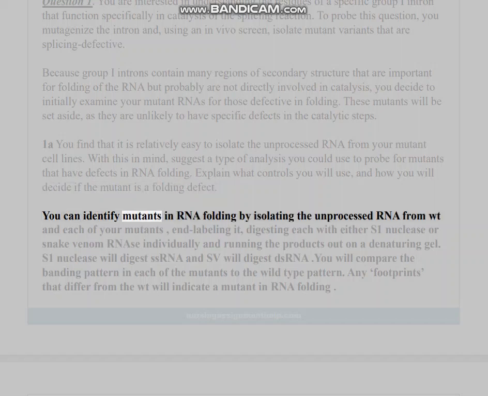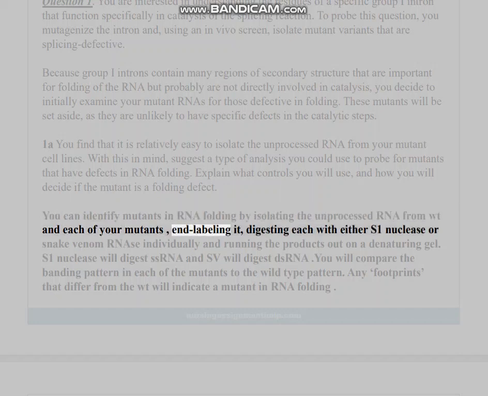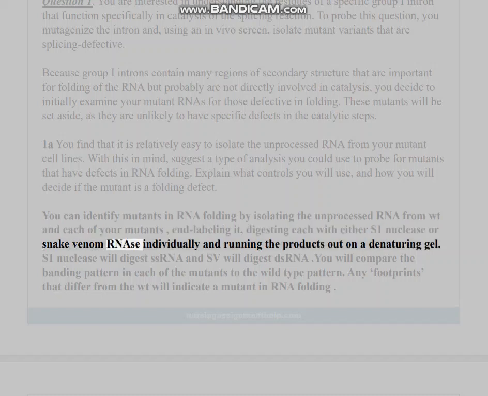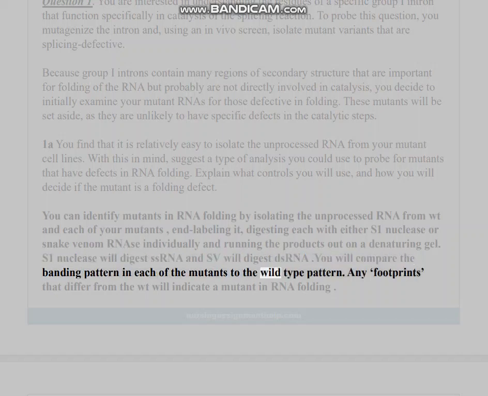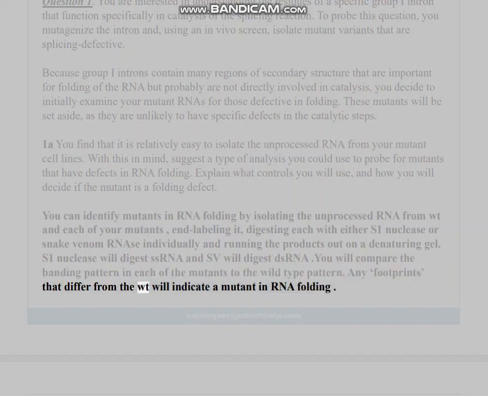You can identify mutants in RNA folding by isolating the unprocessed RNA from WT and each of your mutants, and labeling it, digesting each with either S1 nuclease or snake venom RNase individually and running the products out on a denaturing gel. S1 nuclease will digest ssRNA and SV will digest dsRNA. You will compare the banding pattern in each of the mutants to the wild-type pattern. Any footprints that differ from the WT will indicate a mutant in RNA folding.